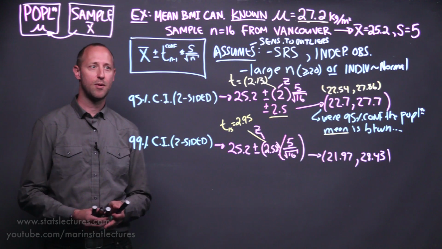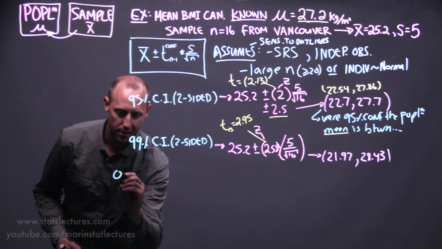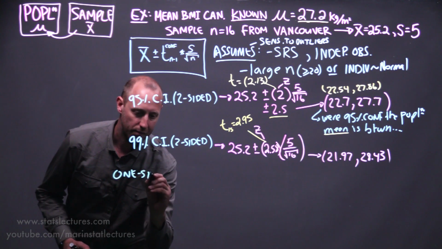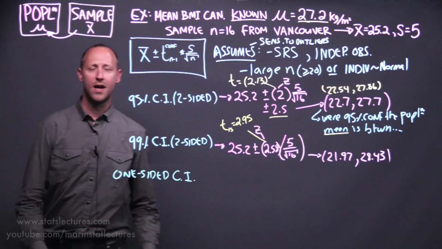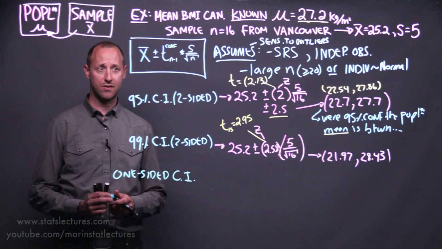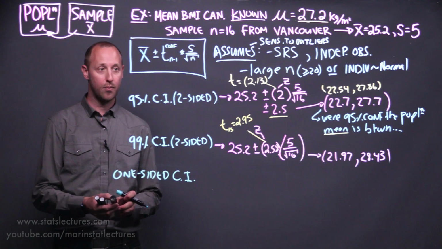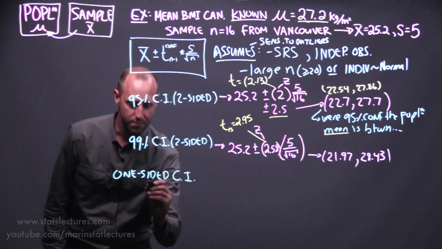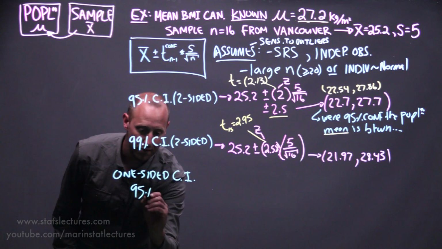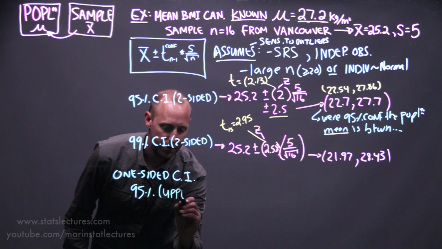Finally, let's talk about the idea of making one-sided confidence intervals. The reason for building a one-sided confidence interval is we may wish to get only an upper bound, or a lower bound for the mean. So here we'll make it a 95% confidence interval, and we're going to find an upper bound for the mean.